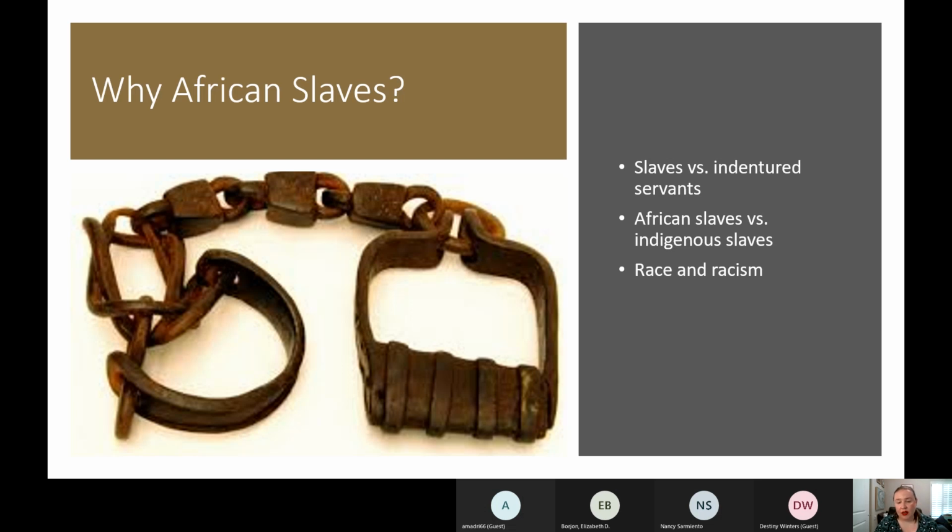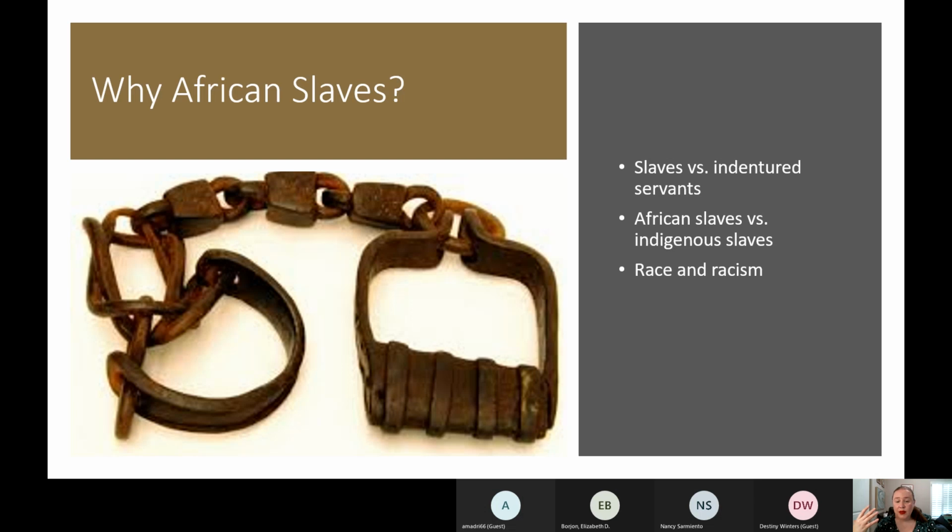For example, in the Carolinas, where they established these huge rice growing plantations, Native Americans don't cultivate rice the same way that these colonists were doing it, but Africans were more familiar with rice cultivation as the colonists were doing it, so they would specifically import Africans from rice growing regions in Africa because they already knew how to do this.